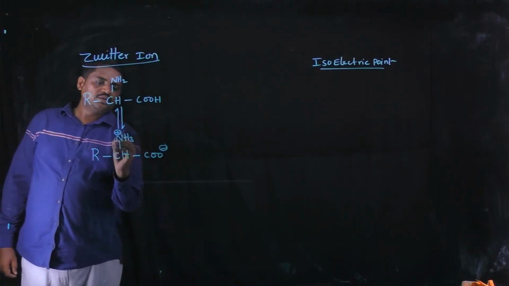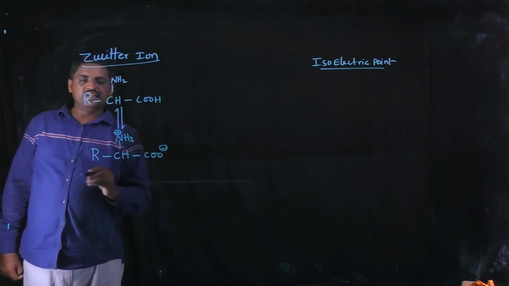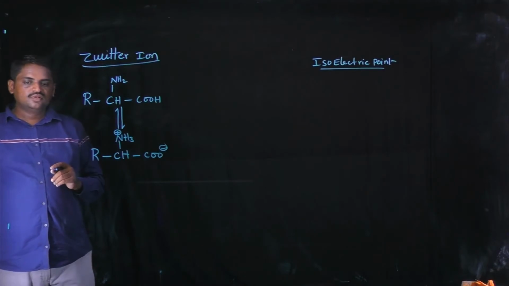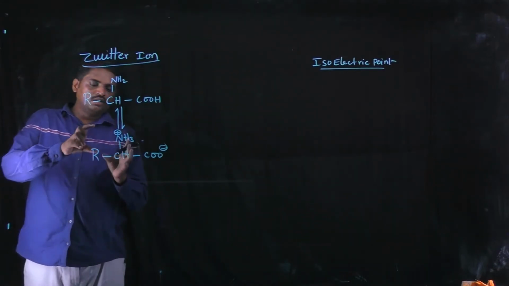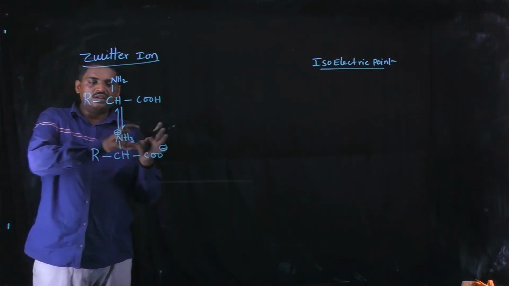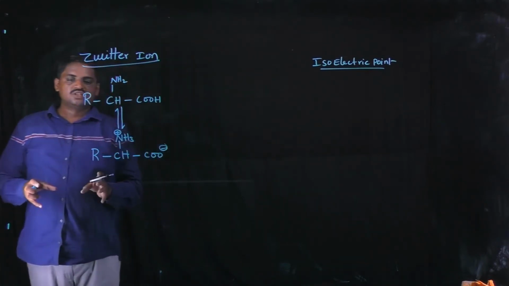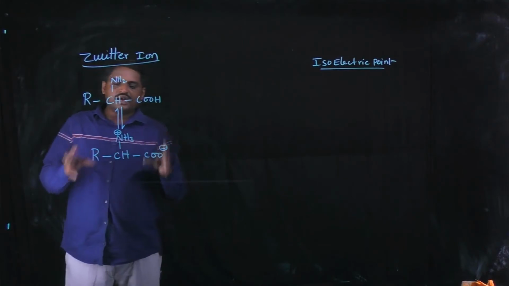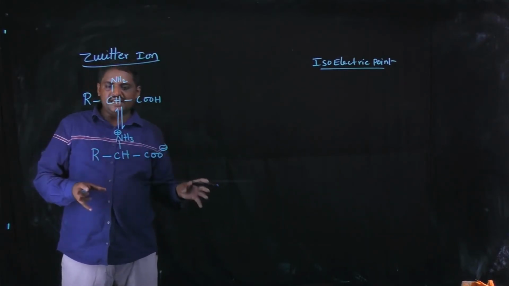So this is a positively charged ion, this is a negatively charged ion. Means one amino acid containing one positively charged ion and one negatively charged ion. So this type of ion exhibits some neutral character.